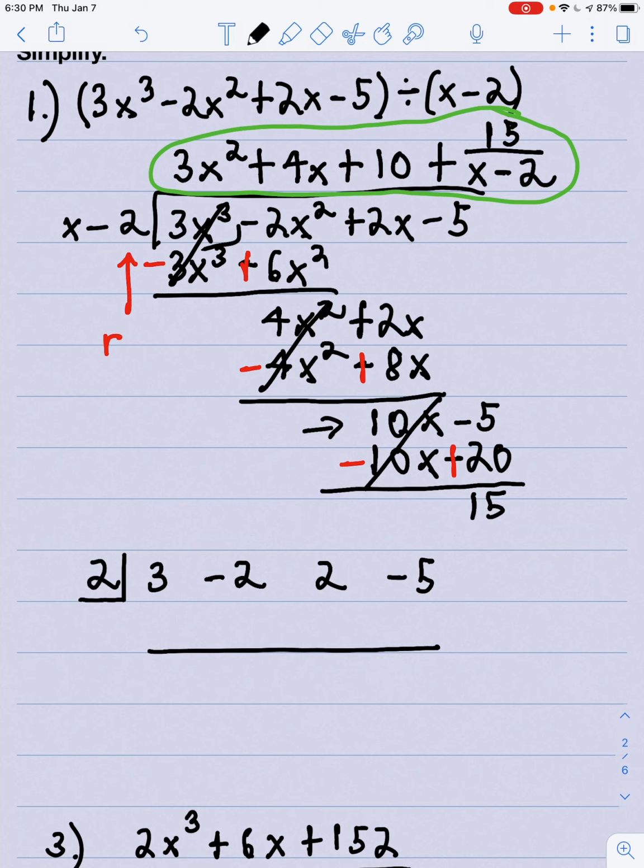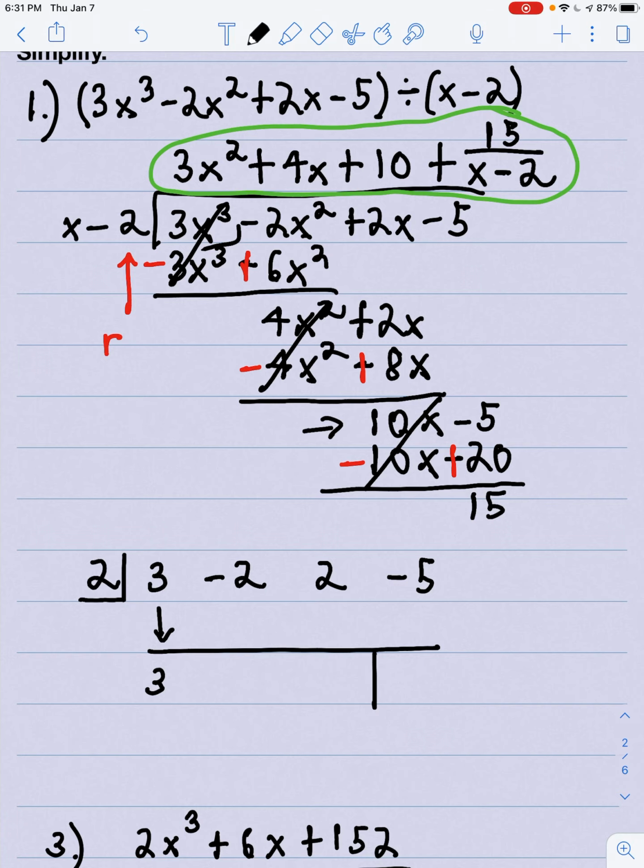I have degree 3, degree 2, degree 1, and the constant term, which is degree 0. And when you do synthetic division, you always drop down the leading coefficient of 3, and then you draw the vertical line on the last column, because in that last column, that's where our remainder is going to be.